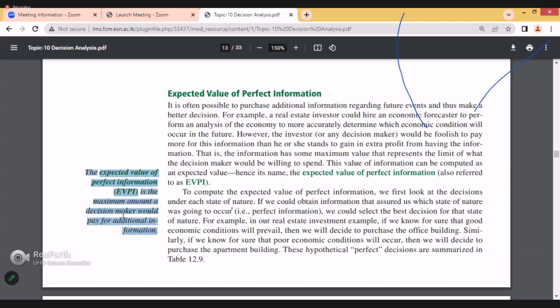So if you know the perfect information regarding the future events, that is what we are using for the risk. So I say perfectly we know what happened. So probability is chances.